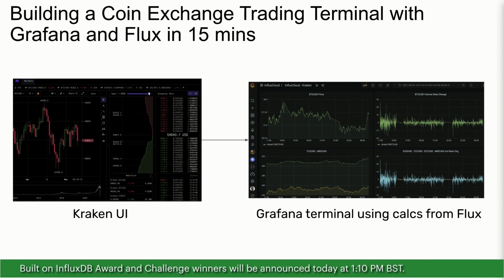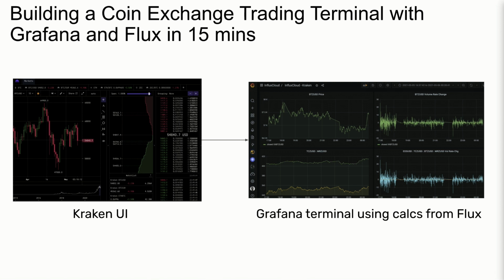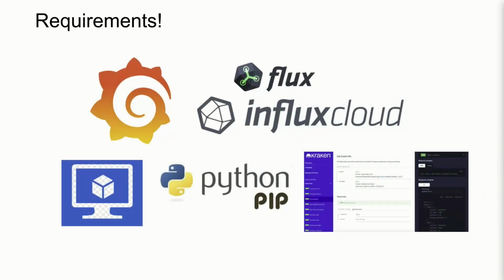Then we're going to query it with Flux and visualize it with Grafana and build our own exchange terminal visualization. So using Flux and Grafana together, we're going to be able to perform calculations and create alerts on events in the coin data. For example, if we meet a strike price, or if there's a percentage movement in the coin value that we're interested in, then we'll get notifications for when it's time to start buying or selling our Bitcoins.